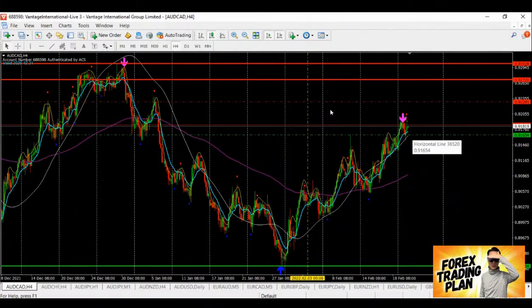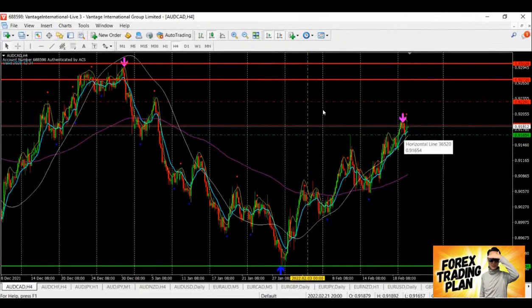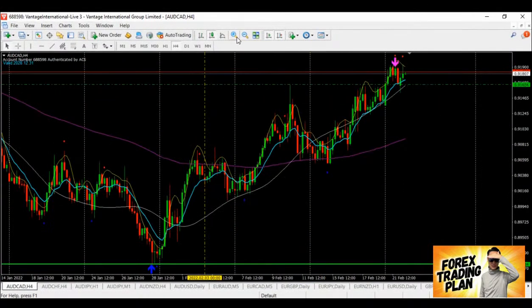Let's take note about what we are going to do with Aussie CAD. We can only have a buy, and the buy signal has already started since the support has been started up here. Let me zoom in and take a look.